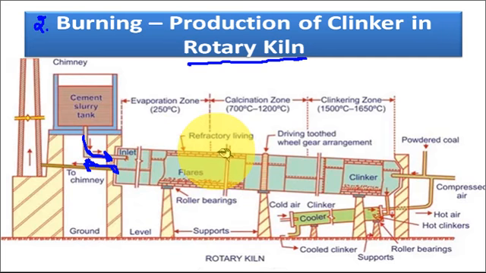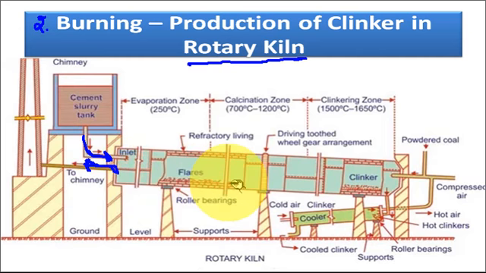This is the refractory materials, and this rotary kiln is rotating at a speed of 0.5 to 2 rotations per minute, and the kiln is slightly inclined at an angle of 3 to 6 degrees. Why? Because the inclination allows the material fed in the upper end to travel slowly to the other end.